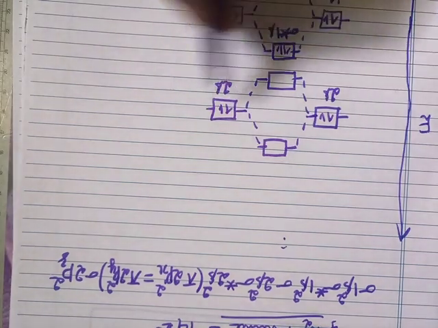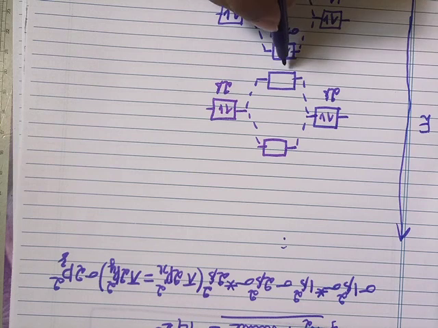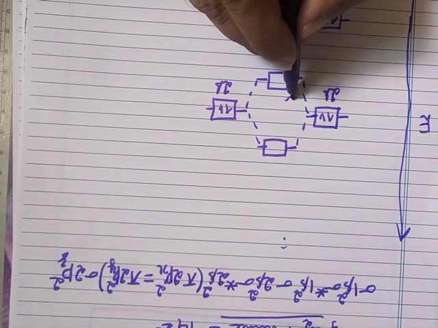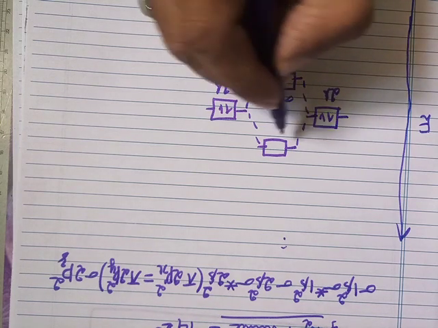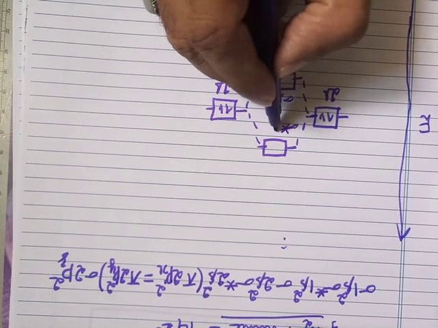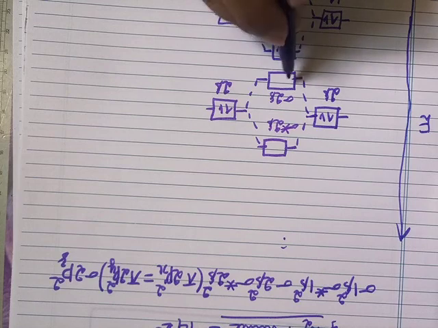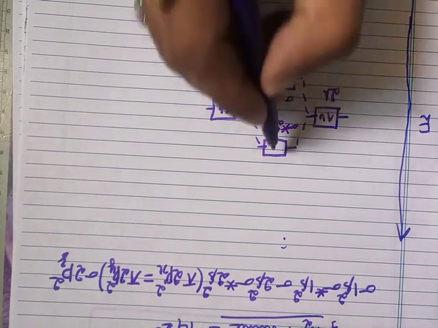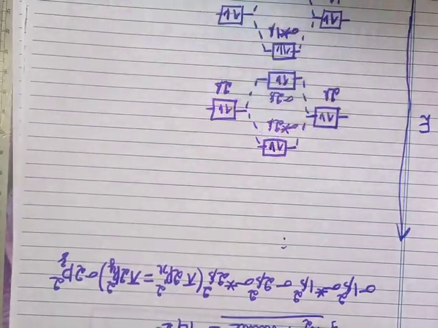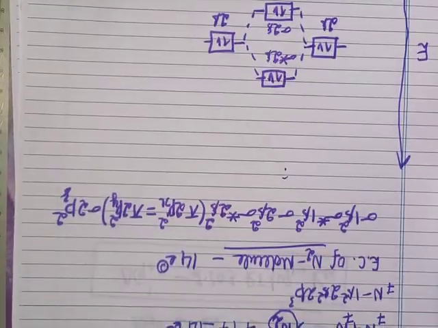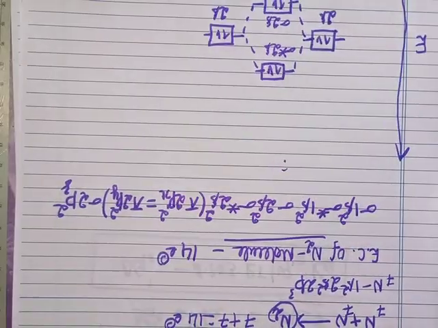When they combine, they form one BMO, sigma 2s, and sigma star 2s. These 4 electrons will occupy these 2 orbitals.